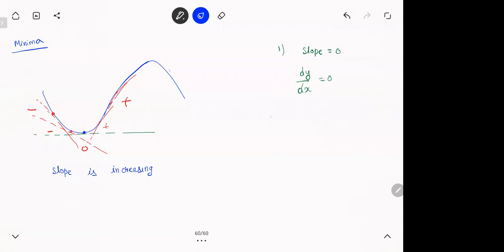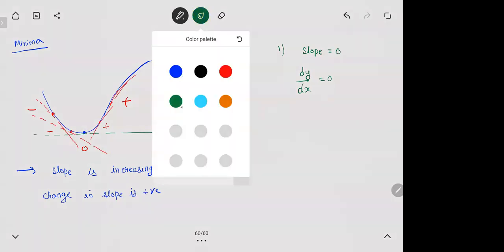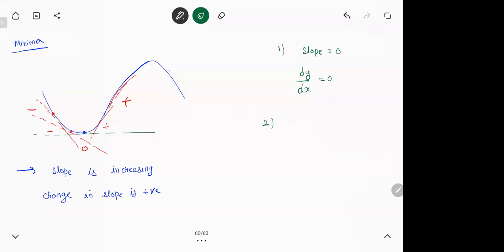Let's continue. So second thing, the slope is increasing. So what is the rate of change of slope? Change in slope is positive. So your second condition would be rate of change of slope, d by dx of slope is greater than 0.